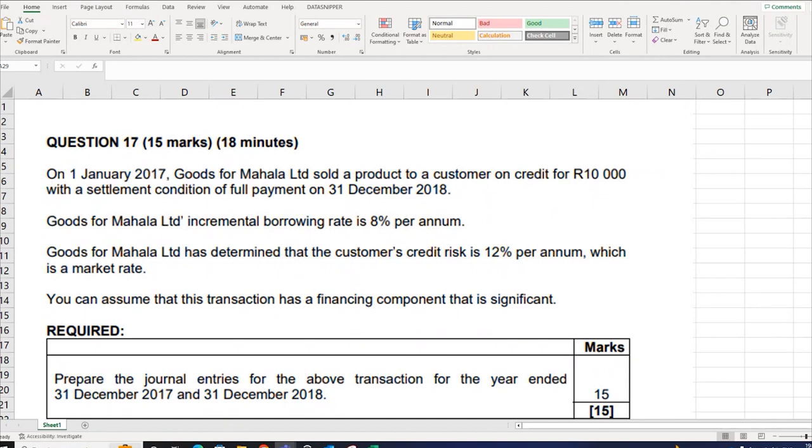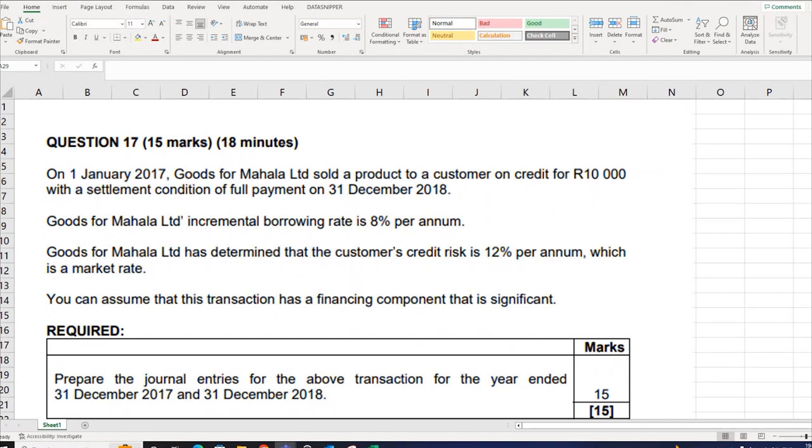It does go into detail with the requirements of a performance obligation, and you can read that in the summaries that I've put under my module. But for our purposes, we promise to give a product to a customer, and that is the performance obligation that we have.